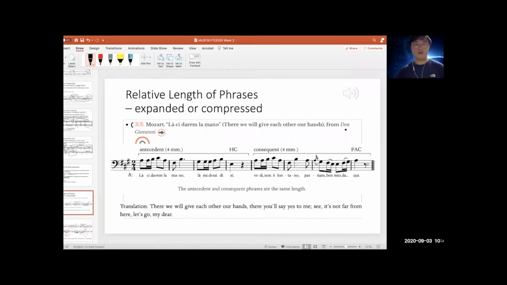It shows a nice half cadence in the middle and then a PAC at the end. So we have a 4-bar antecedent and then a 4-bar consequent. Typical. And how about the melody? We have a nice 2-bar idea, and the idea is repeated at the beginning of the consequent. So in this case, we are dealing with a parallel period.